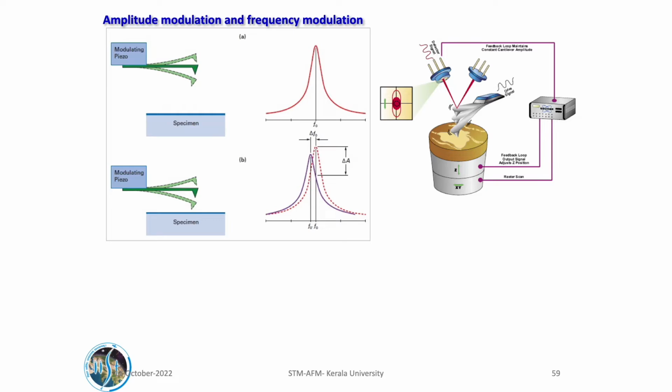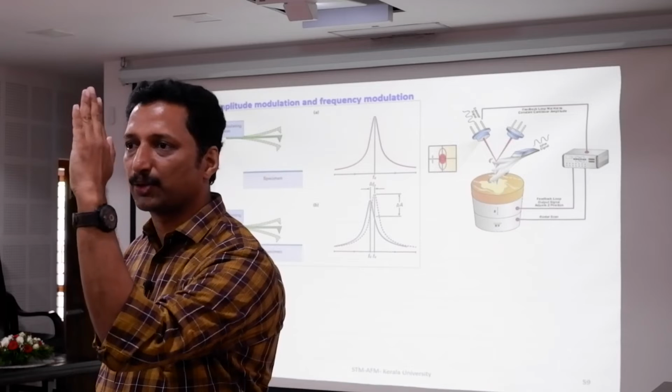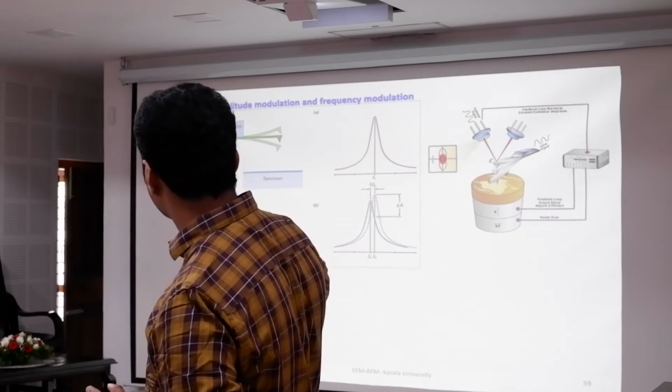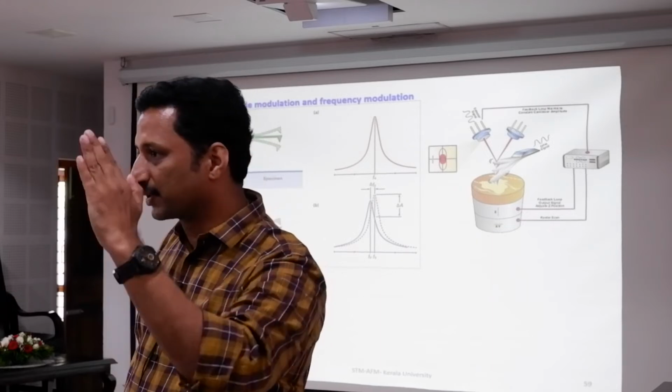So this is the resonant frequency of the cantilever. This we can actually see, probably in the software you might see this resonant frequency. When you put in a new cantilever, you will see where the resonant frequency is, and you take it at, for example, F0. That's the fundamental frequency of vibration of the cantilever.